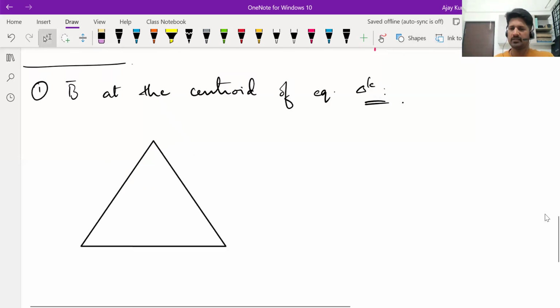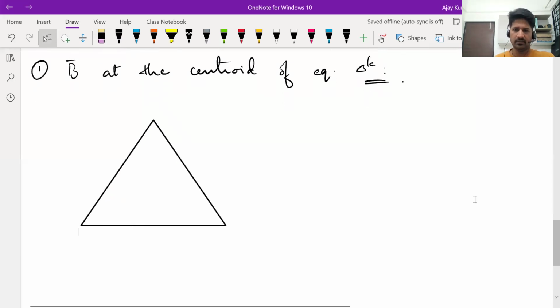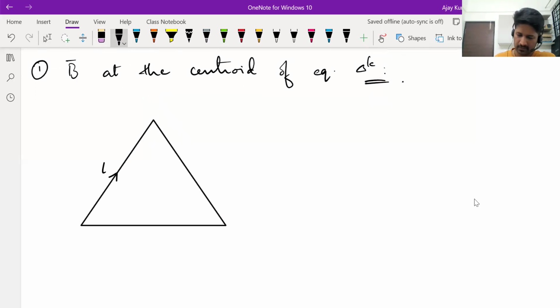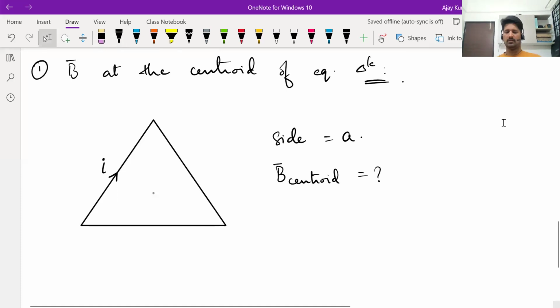It's a wire in the shape of an equilateral triangle. Assume it carries a current I, and the side of the triangle is a. Calculate or derive the net magnetic field it produces at its centroid. Do this, all of you.